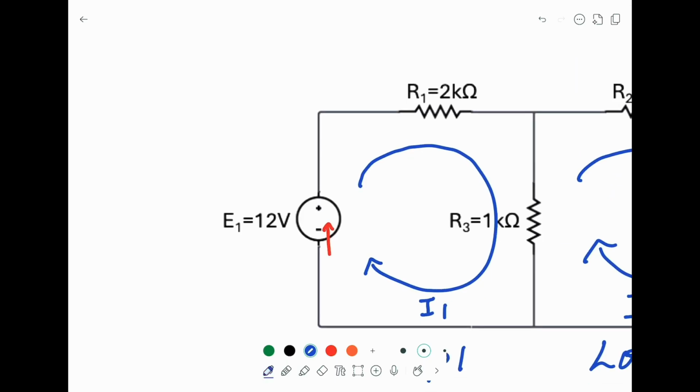The current passing through R1, and the voltage across R1 is V1. However, we don't know exactly V1, but we can apply Ohm's law and say V1 equal to R1 and I1, because this is I1 passing through R1.